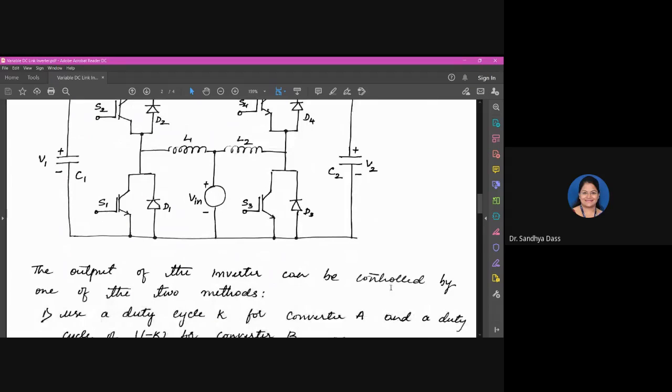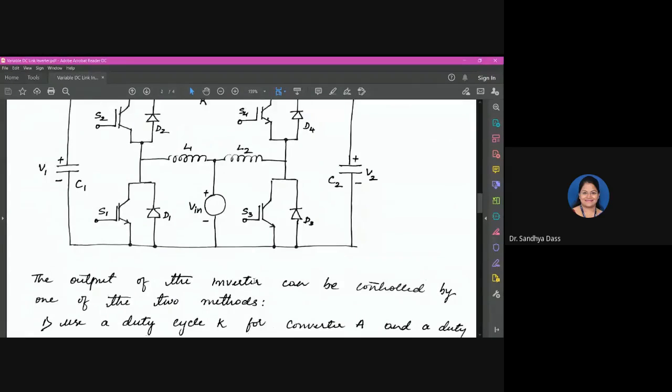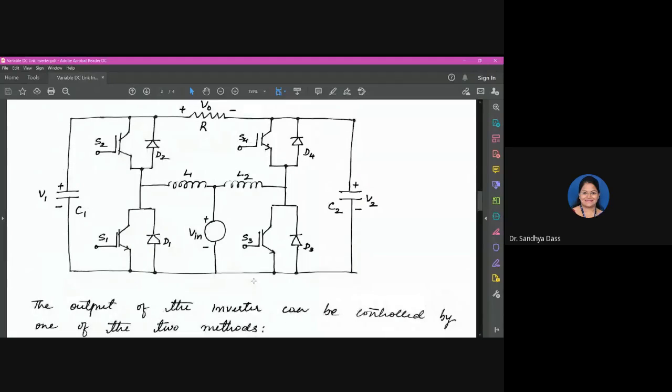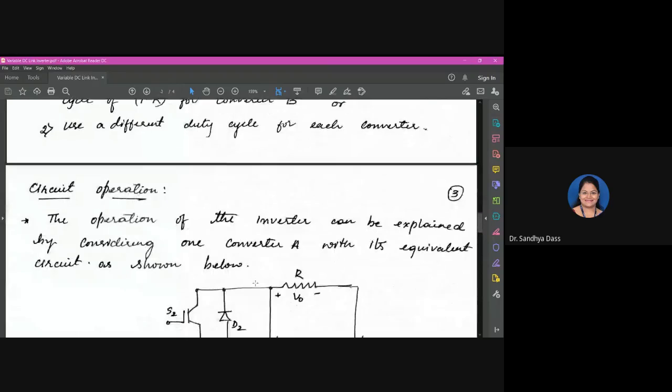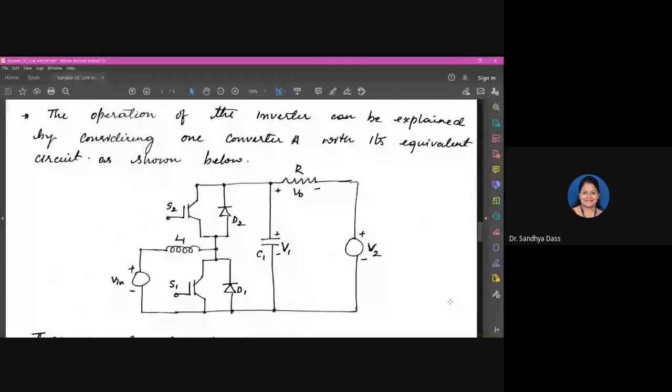Are you done? Can I move on to the equivalent circuit? Okay. Now observe the equivalent circuit here, the rearrangement of the circuit.